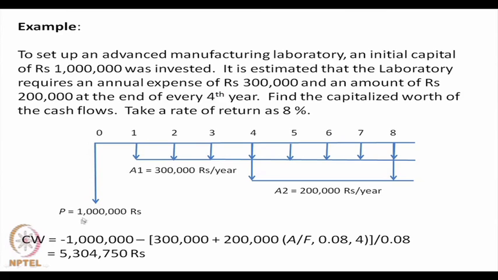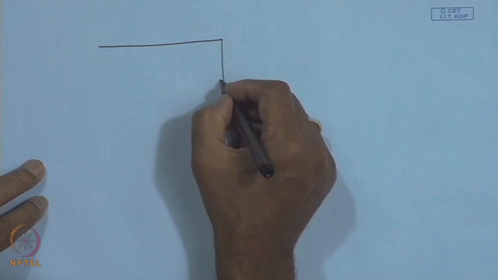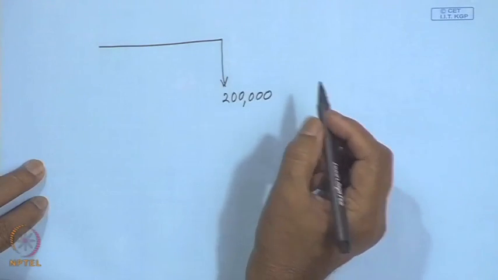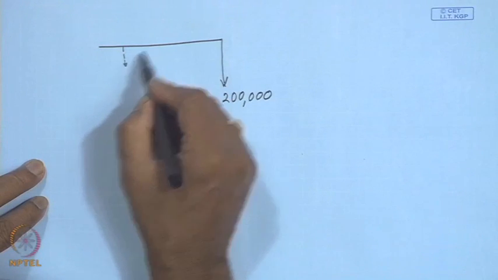The present worth of this is, first of all, taken as minus, because it is a cash outflow, minus 1 million rupees, and then 300,000 plus, if for each one of these we find the annuity, then that means we consider this as 200,000 and find the equivalent amount.